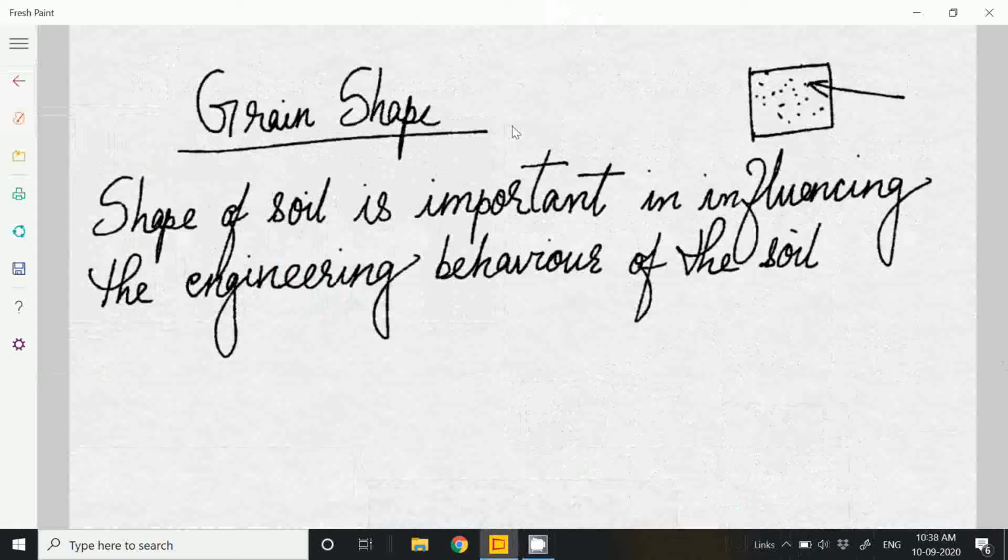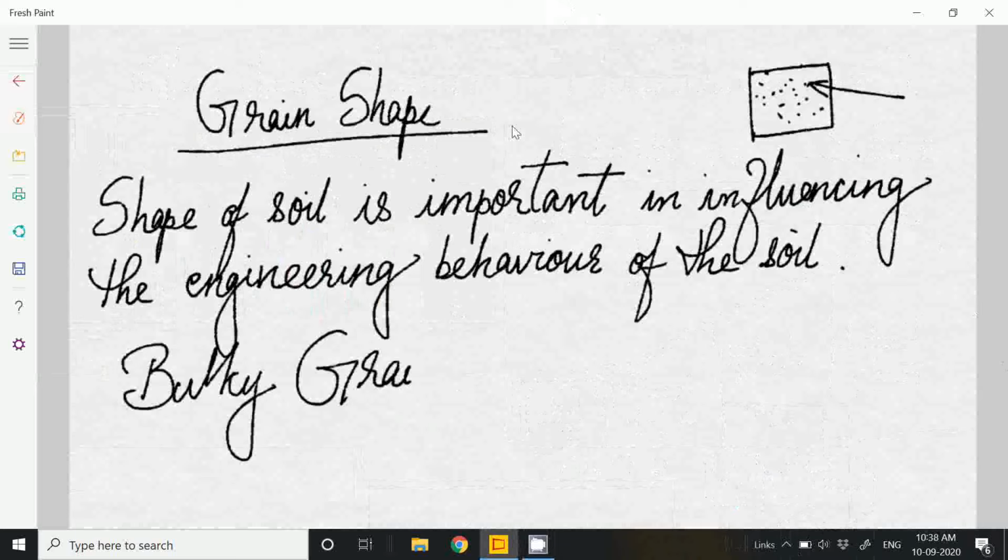Okay, now there is one important term that you should know, which is called bulky grains. Grains means the particles.